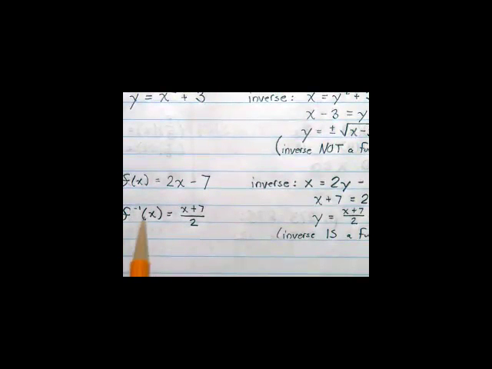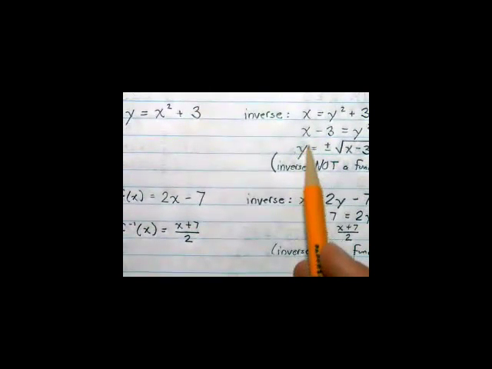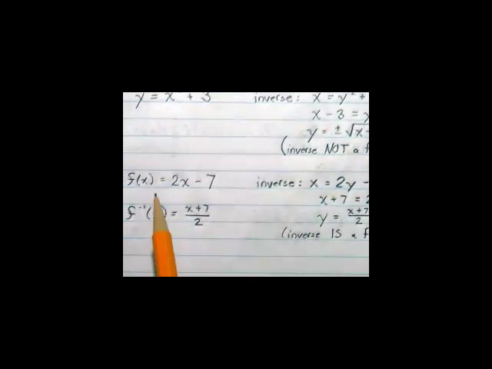We can only do that if the inverse is a function because f of x is function notation, right? So this one over here, I couldn't say f inverse of x equals that because this was not a function, okay? This one was, so I can make it a little cleaner like that, okay? So that's the idea, at least as far as finding an inverse, okay?